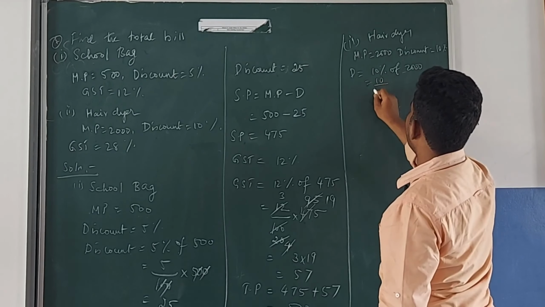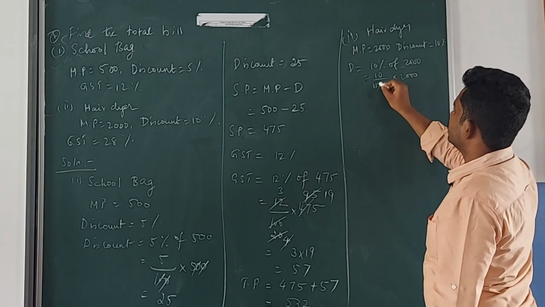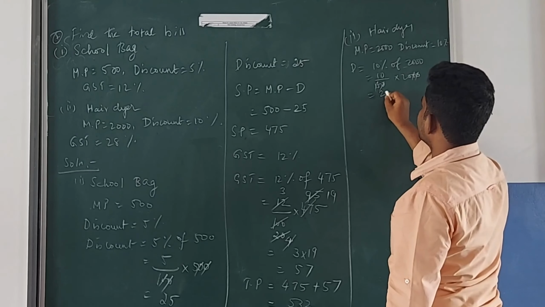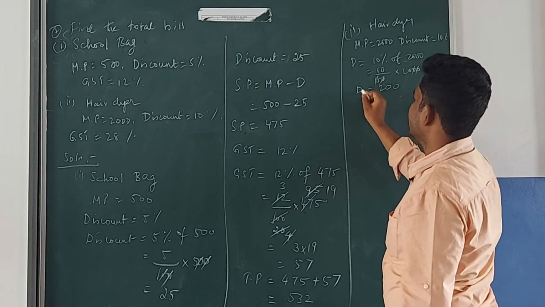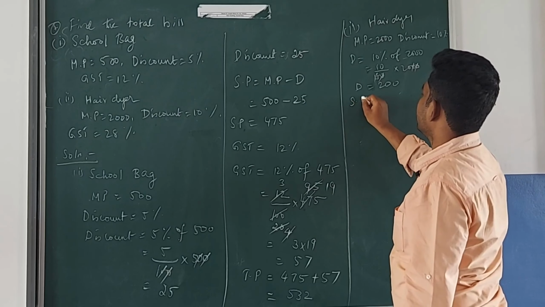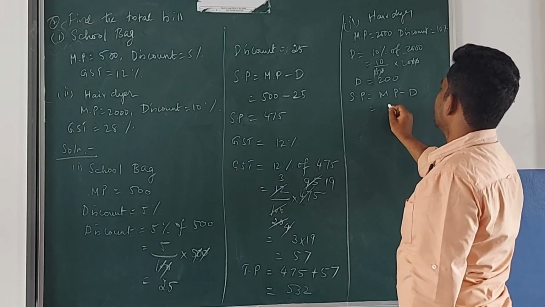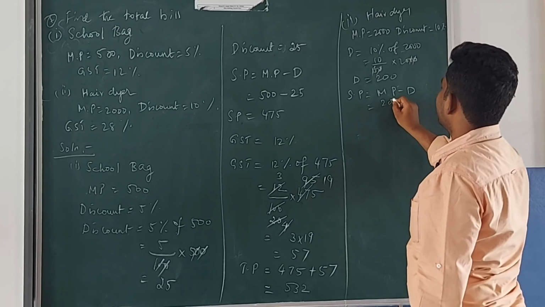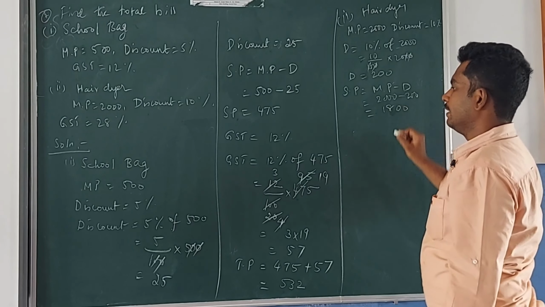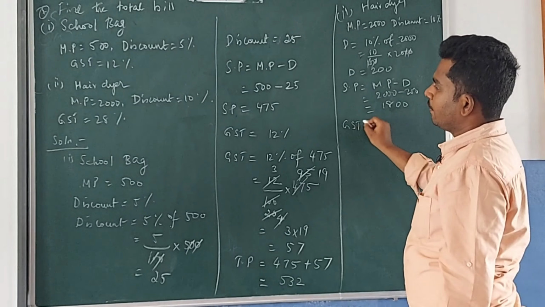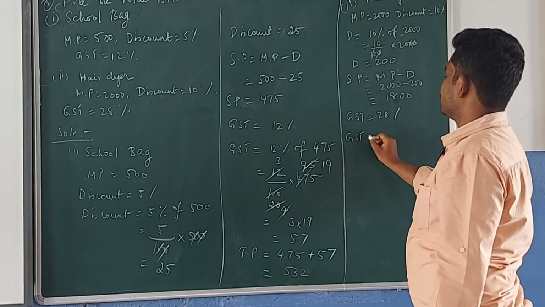So 10 by 100 into 2000, 0 cancel. So discount is equal to 200. You subtract it from marked price, you will get SP, MP minus D. So 2000 minus 200, 1800.